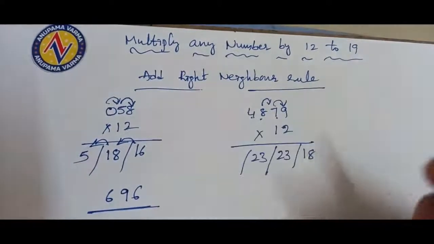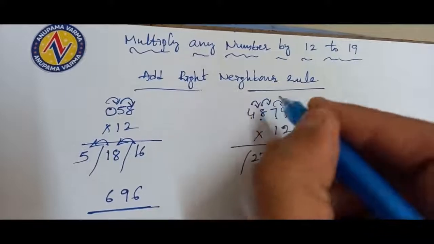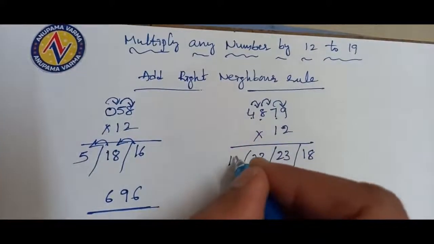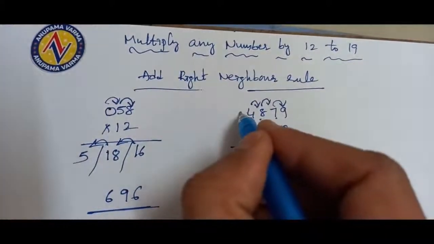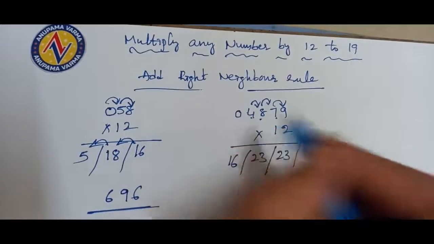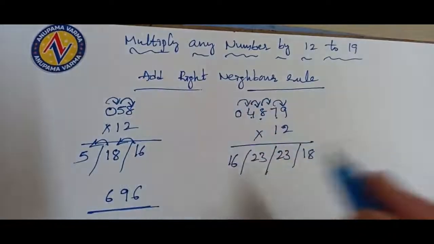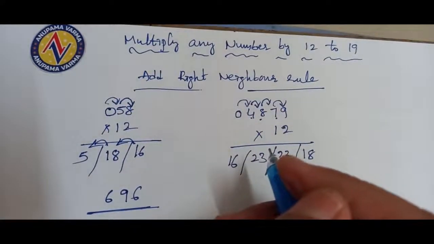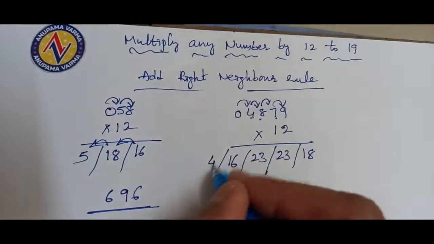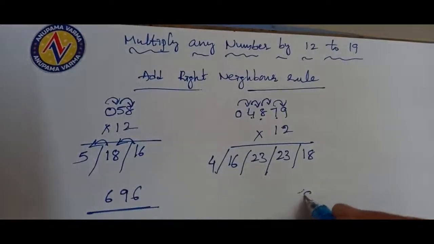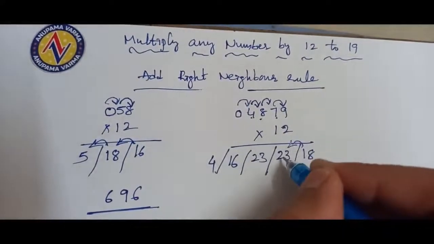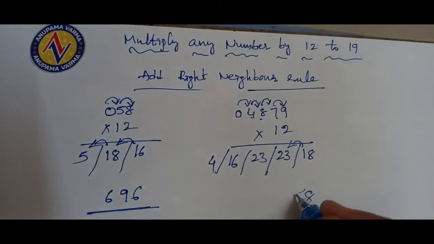Next 2 4s are 8. 8 plus 8, 16. Okay, we need to assume 0 here, no, to add this 4 also. So 2 zeros are 0 plus 4. So write 4 here. Okay. So balance this one, 8. 1 will be carried over here. 23 plus 1 will become 24.